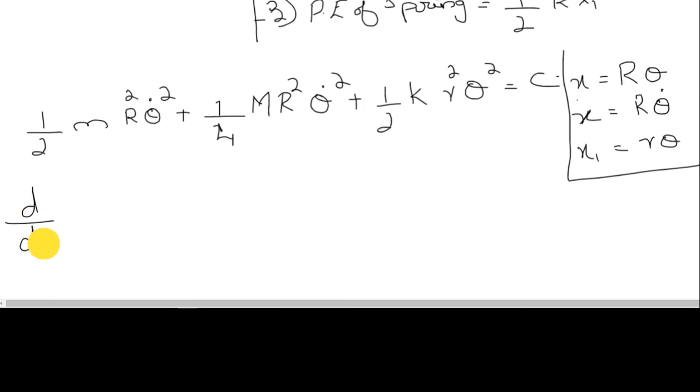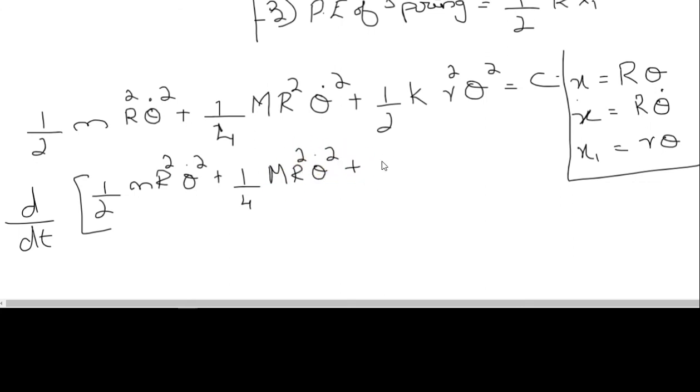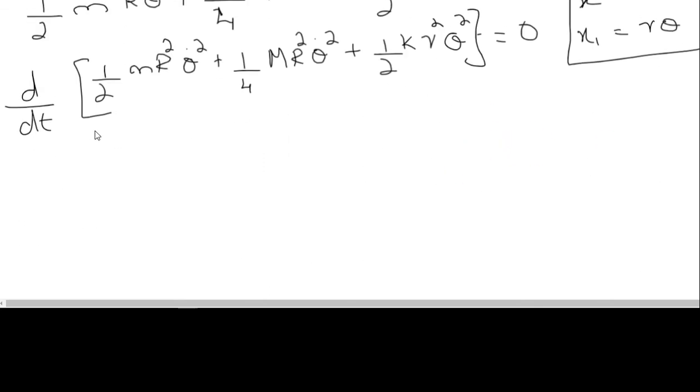So d by dt of this equation: half m r square theta dot square plus 1 by 4 m r square theta dot square plus half k r square theta square will be equal to 0, because differential of a constant is 0.